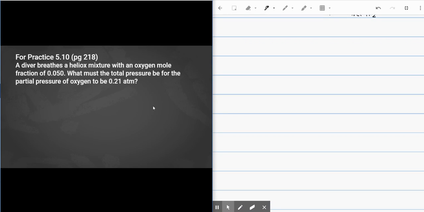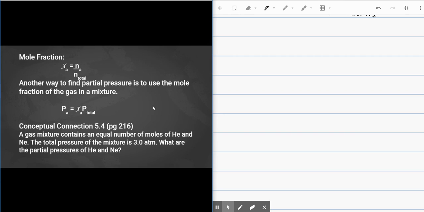So we're actually going to use the equation from back here. We have the pressure of our gas, which is O2 that we care about. That's going to be the X, our mole fraction of O2, times the total.